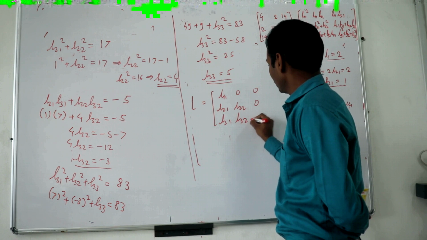X is our unknown matrix x y z, and Z matrix we just calculated, 7 minus 27 5. Now again multiply these two matrices.